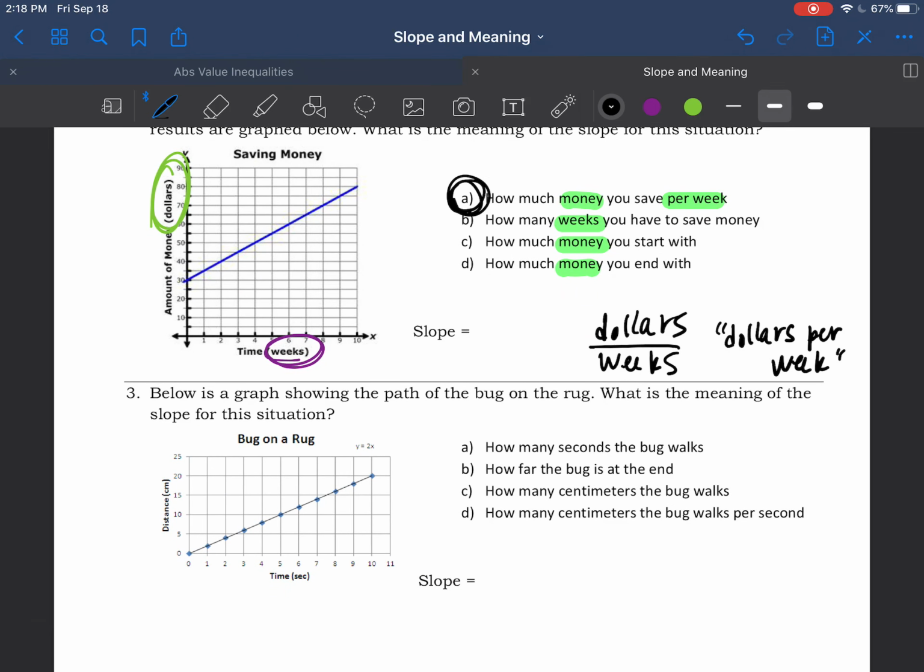This bug on a rug example, not even reading what it's talking about. It's talking about centimeters. Oop, don't want to do that. Centimeters, seconds. So centimeters would be our change in y. Seconds would be our change in x.